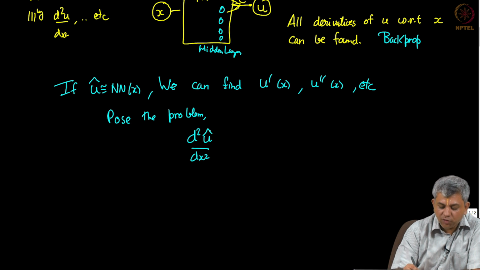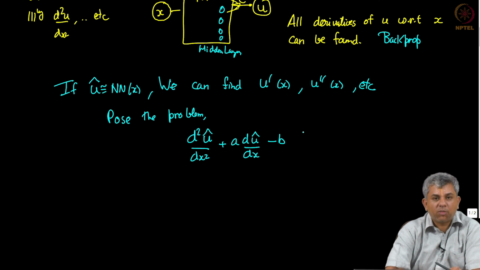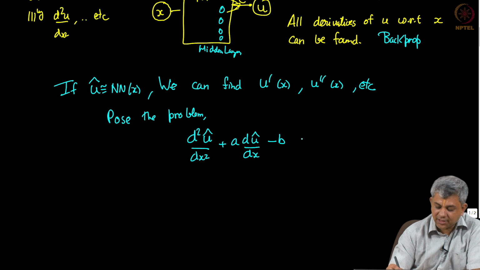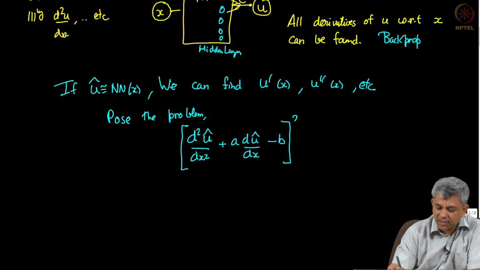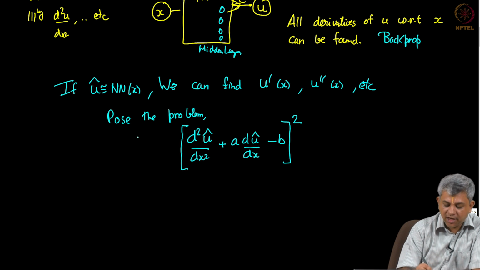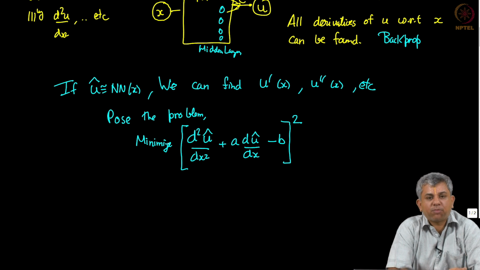So, what u hat do we want? We want u hat to satisfy d square u hat dx square plus a du hat dx minus b equal to 0, but obviously it is not going to be exactly 0. So, what do we do? I square it and say minimize. Okay.